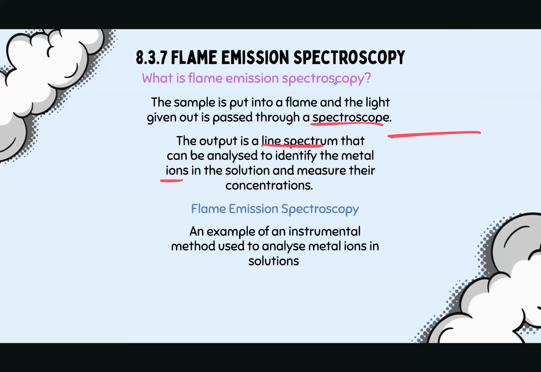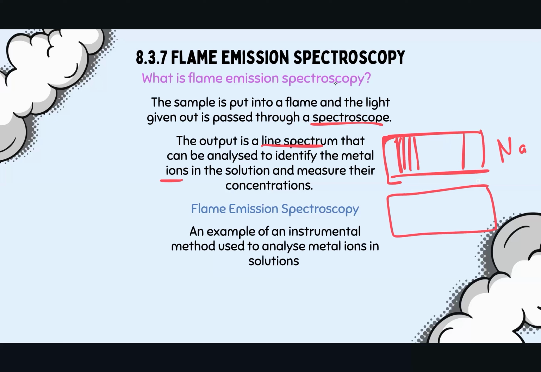So let's say you've got the line spectrum for sodium, and it looks like this. And then you've got another one for lithium, and it looks like this. Let's add another one, and you've got potassium as well.